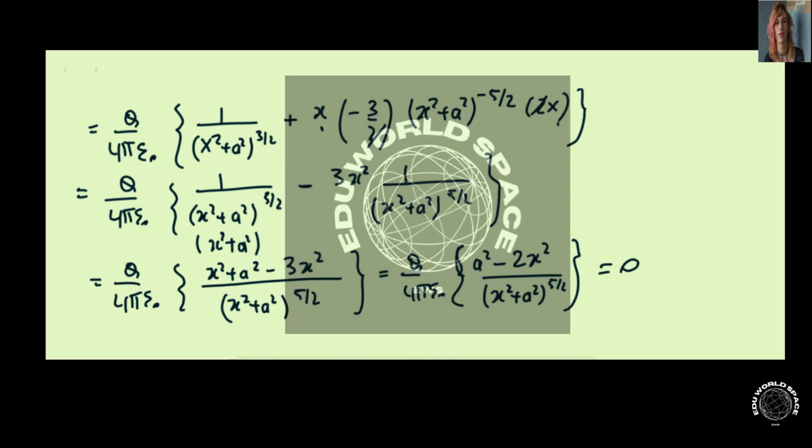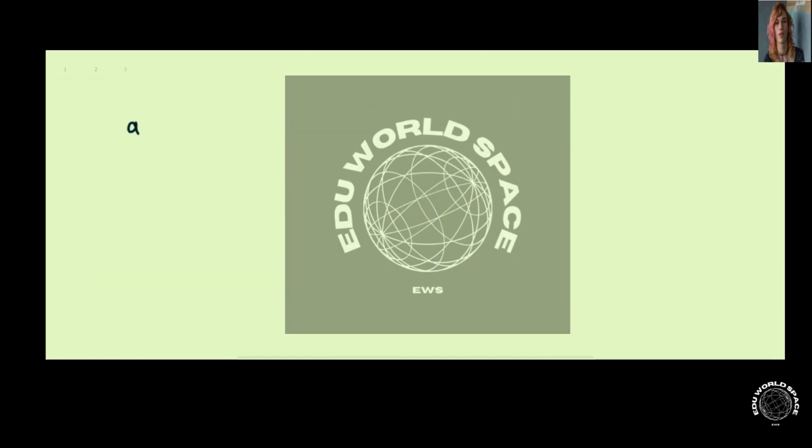Now this equals 0. The q over 4 pi epsilon naught is constant, right? Constant times this term equals 0, then this term has to be equal to 0. A squared minus 2x squared, this is a 2, my apologies, over x squared plus a squared to the 5 over 2 then equals 0.